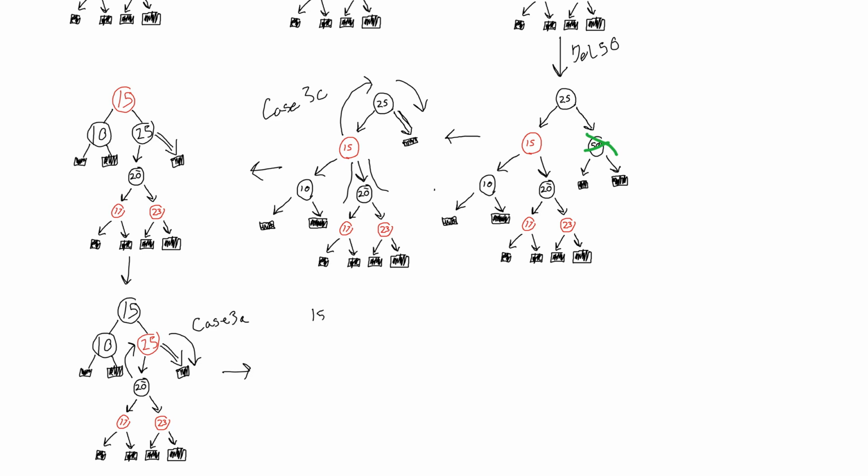So 15 will still be the root of the tree, 10 will still be down here, and 10 will still have its 2 leaves. We just mark off here. And now, because we rotated right, 20 is taking the place of 25.